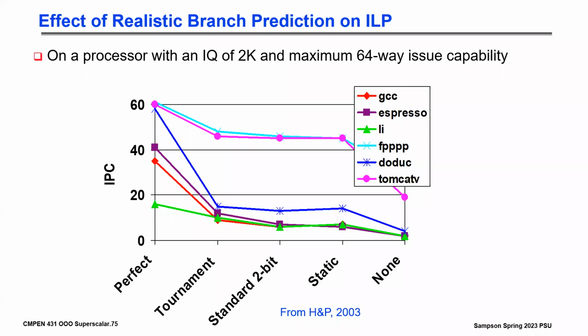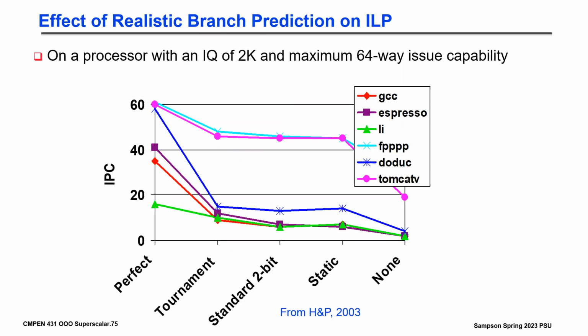So if we keep putting more and more restrictions on it, if I have a processor with no branch prediction, or just basically predict static, you can see the ILP drops to negligible. If I can't figure out what instruction I'm supposed to execute, then it doesn't matter what I do further down the line.